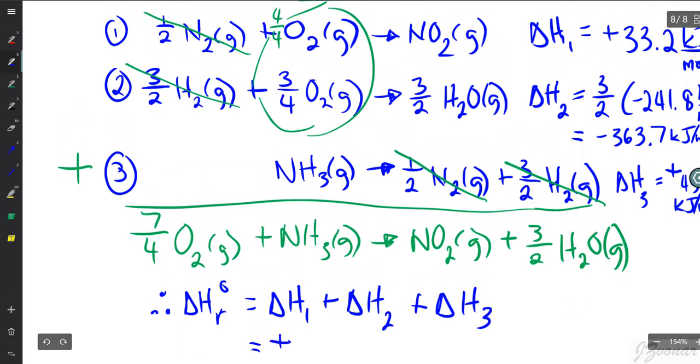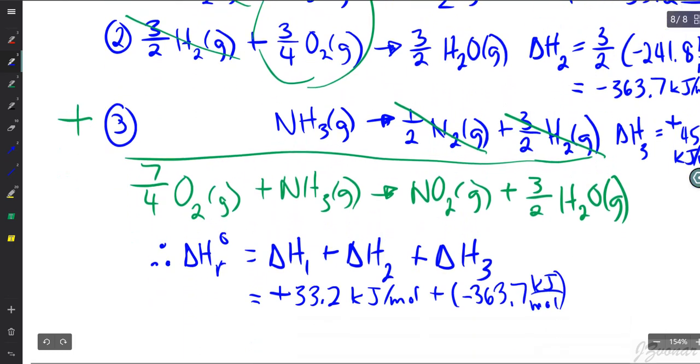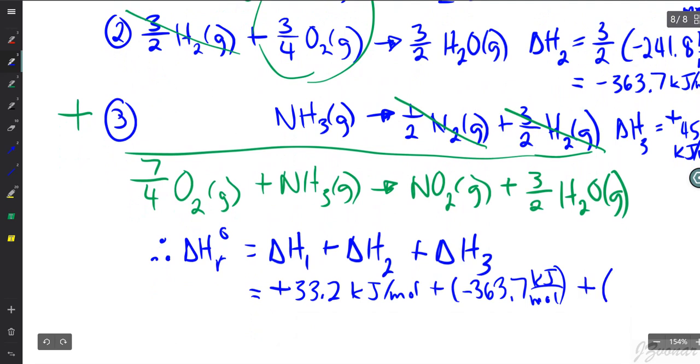So it's positive 33.2 kilojoules per mole, plus negative 363.7 kilojoules per mole, and plus the positive 45.9 kilojoules per mole, because that's the one we've reversed, so we had to change the sign.